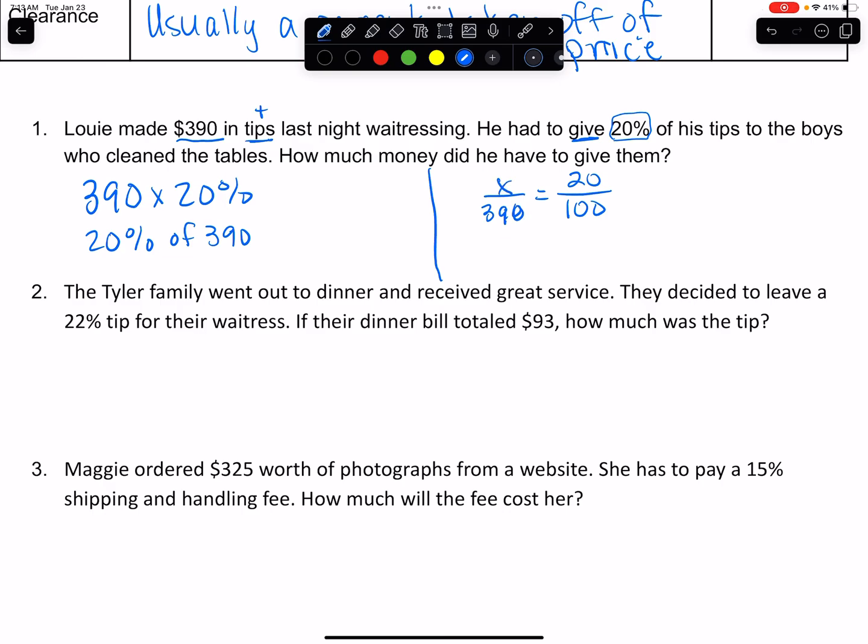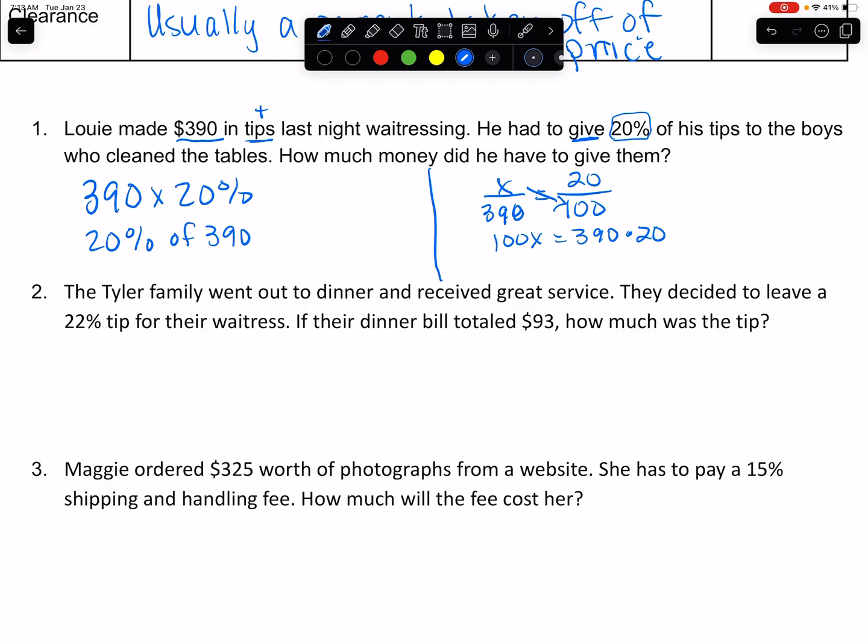So then you will cross multiply. 100x equals 390 times 20. Again, you want to write down all the steps because we are leading towards algebra, and it's helpful to do one step at a time.